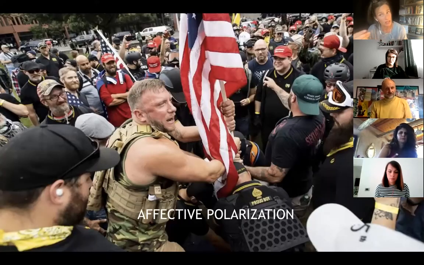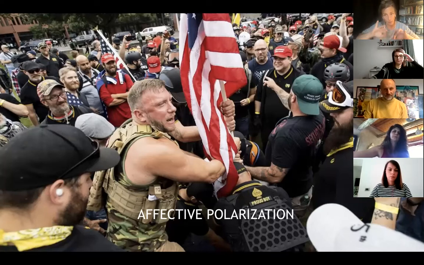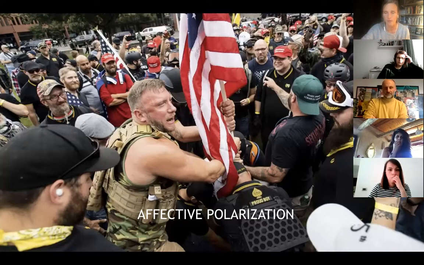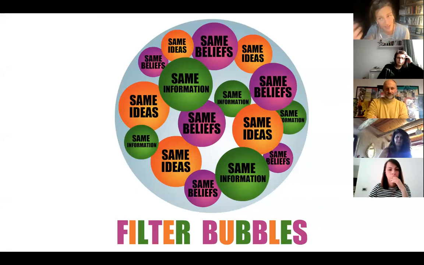Of course, there is also the whole idea about polarization, and especially affective polarization, where it's not just about having different views, it's actually about disliking the others, which is called affective polarization, and thinking that our bubble is much better. That's also an important part. And as you were saying, Ivana, the filter bubbles are also very influential.